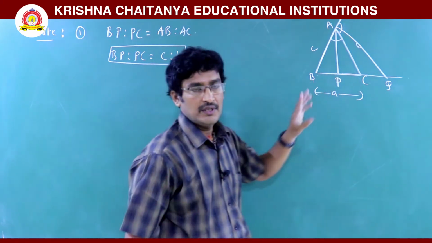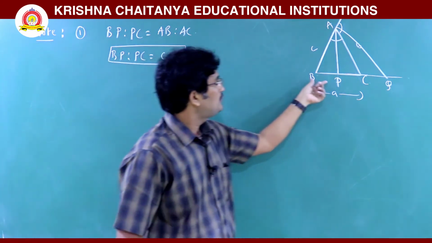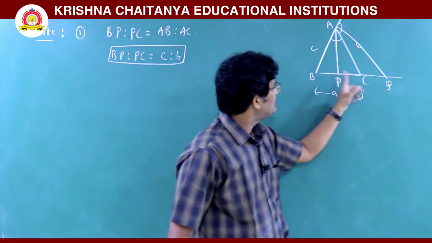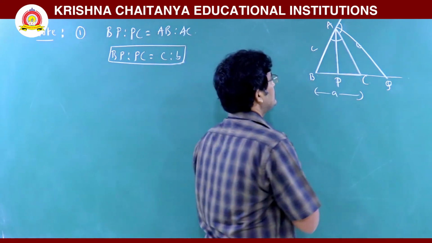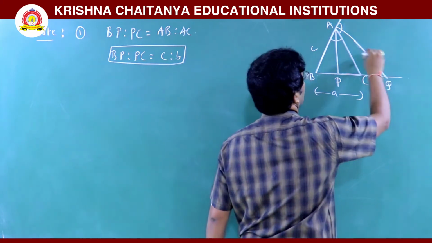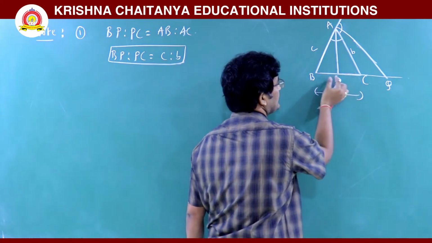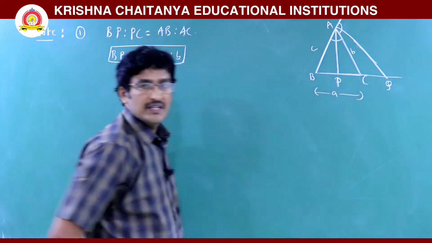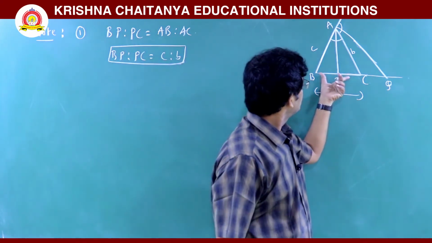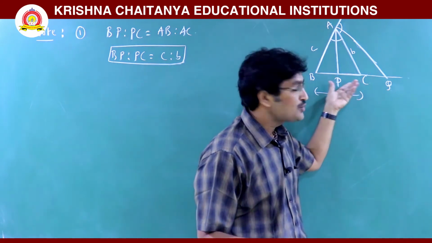I have understood. So, you know, what about BP is to PC? BP is to PC is c is to b. That means this point P divides BC bar in the ratio c is to b. In the same way, the point Q divides the same BC bar in the same ratio, but that Q lies outside of BC.